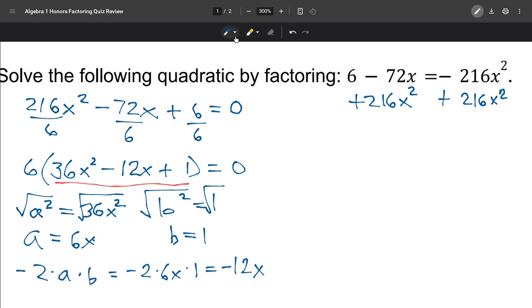So we got a perfect square trinomial here. Boom. I can write this equation now as, we still have the 6 out here, 6 times 6x minus 1 squared, and that equals 0.